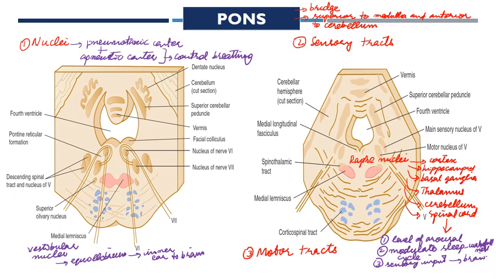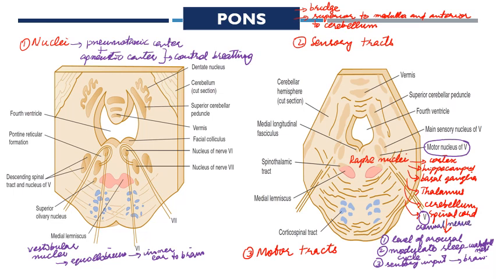The cranial nerve nuclei that are present in the pons include four pairs of cranial nerve nuclei. These include motor nuclei of cranial nerve 5, and these nuclei give rise to fifth cranial nerve.